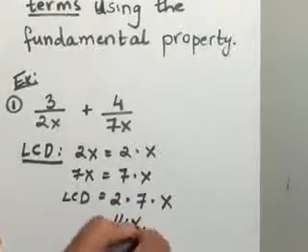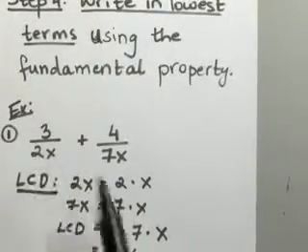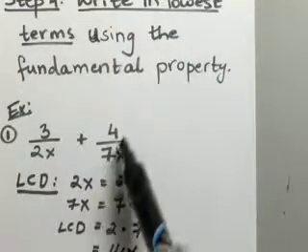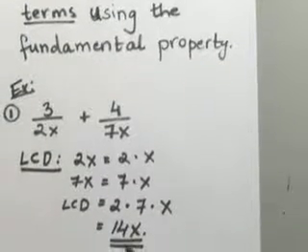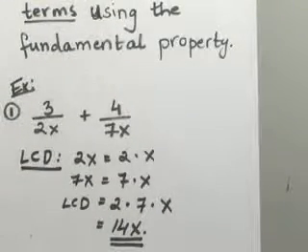So this is what we are going to use for our common denominator. Now that means I need to change my 3 over 2x and 4 over 7x so that both my denominators will now be 14x. Okay, so let's see how we can do that.